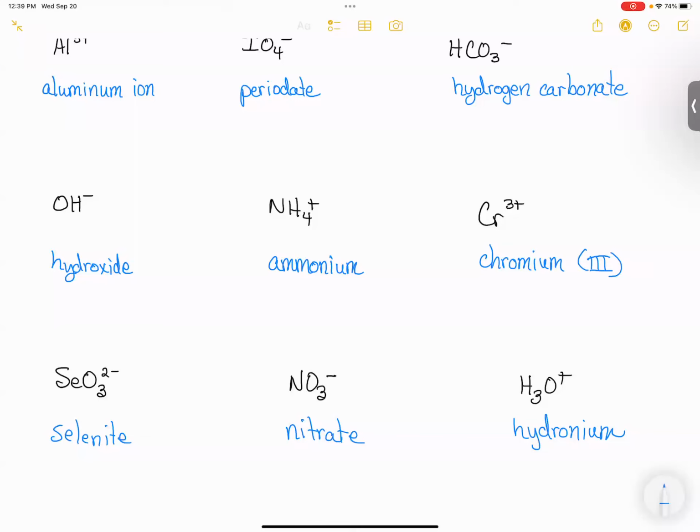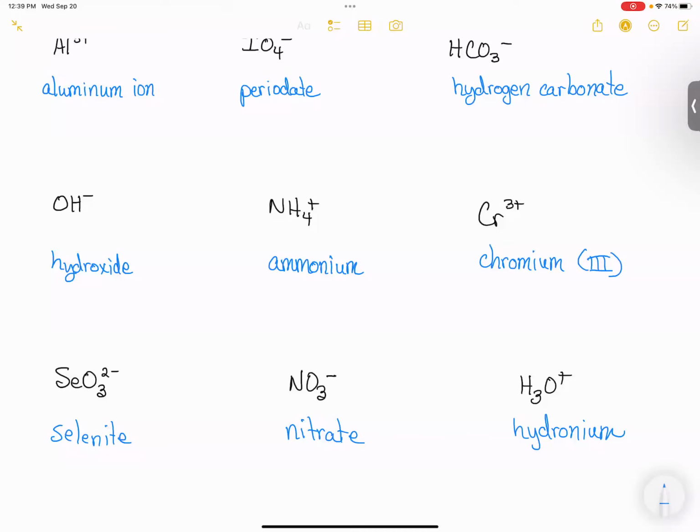Hydronium. So there were two cations that were polyatomics, and that just happens to be one of them. And it's one you have to memorize. So same thing with ammonium. It just happens to be one of the ones you just have to know. That's a cation. It's called hydronium because of the way it's mixed.